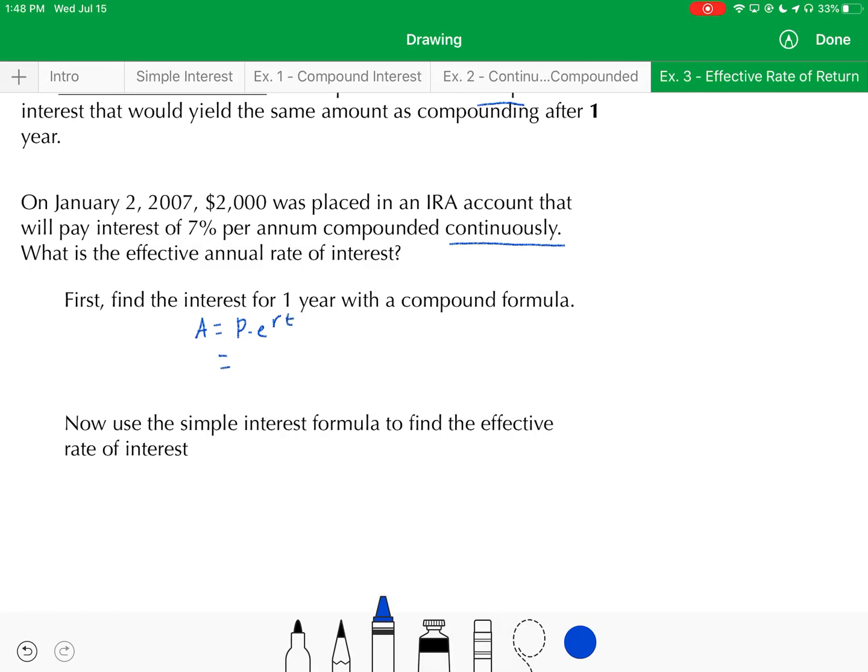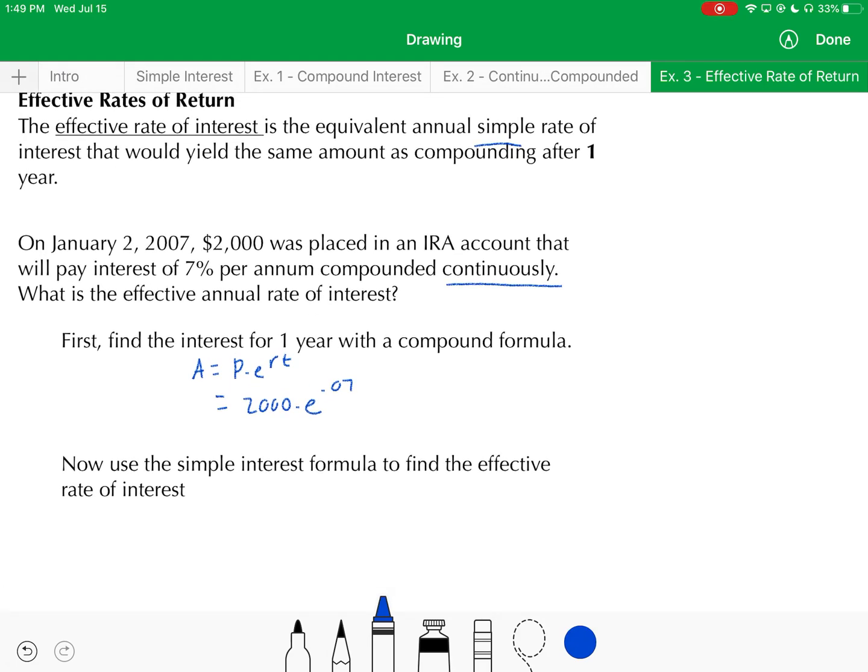So we're putting $2,000 in, multiplying that by e raised to the power of 0.07 for my interest rate. And notice I kind of skipped over this, but effective rates of return are always over a period of 1 year. So my time here is 1.